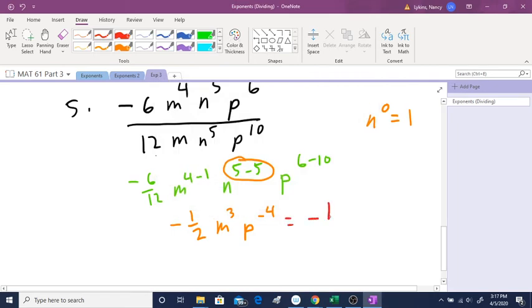So that's going to be negative 1 m to the 3rd. I'm going to put that over 2 because that is my denominator. Now, since my 4 is negative, I'm going to drop this and make it p to the 4th.